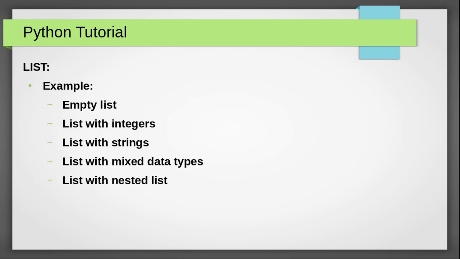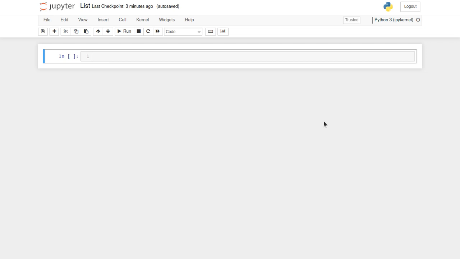Let's discuss the examples. The first one, empty list. How are we going to create an empty list?